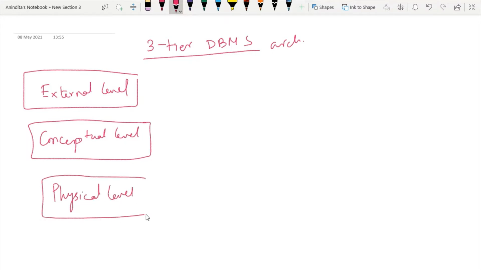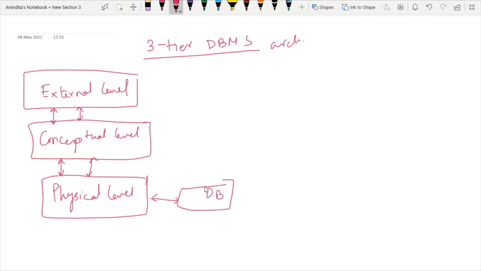We have to understand each and every level. All these levels have bi-directional communication, and the database is closely attached to the physical level.